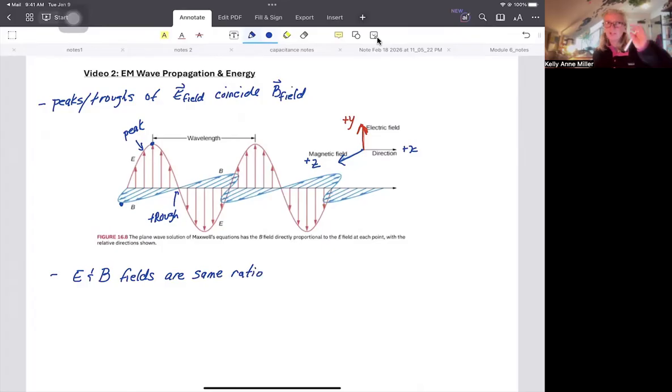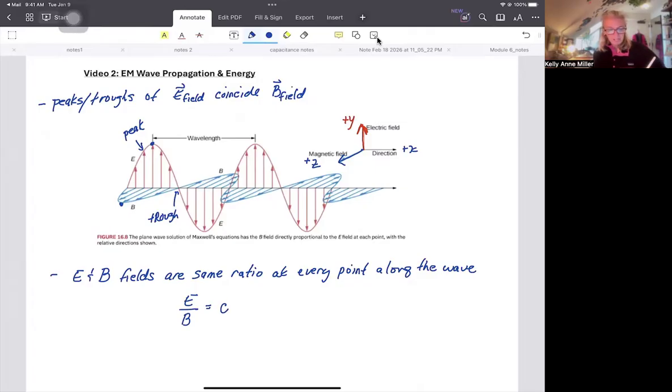They're changing as the same function at every point along the wave. Okay. And the ratio is the speed of light.